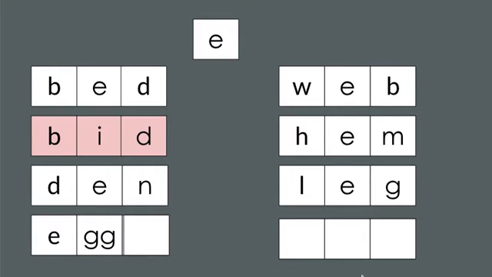It follows our pattern because when I stretch the sounds, there's one vowel sound followed by a consonant, and that vowel sound is the short E sound. When I write the sounds, F is an F, E is an E, D is a D. These words follow our pattern because there is one vowel followed by one or more consonants. That makes it the closed syllable type and makes that E have the short E sound, like egg.